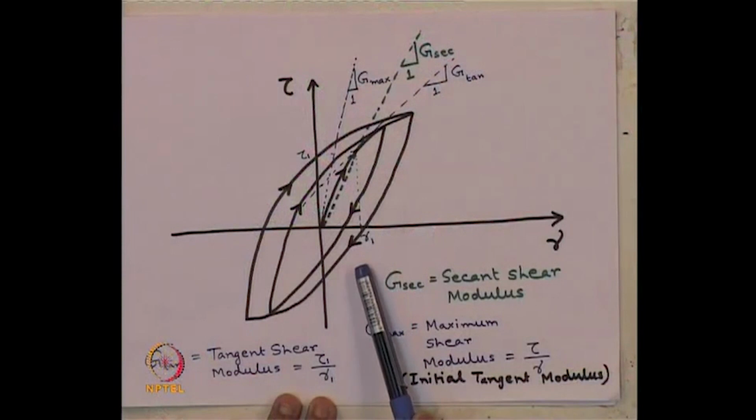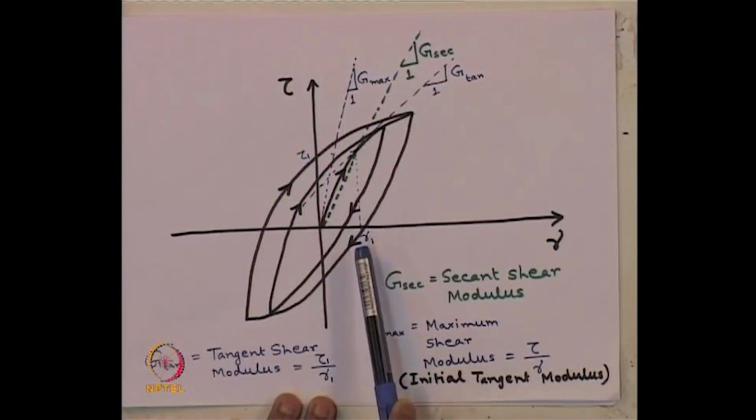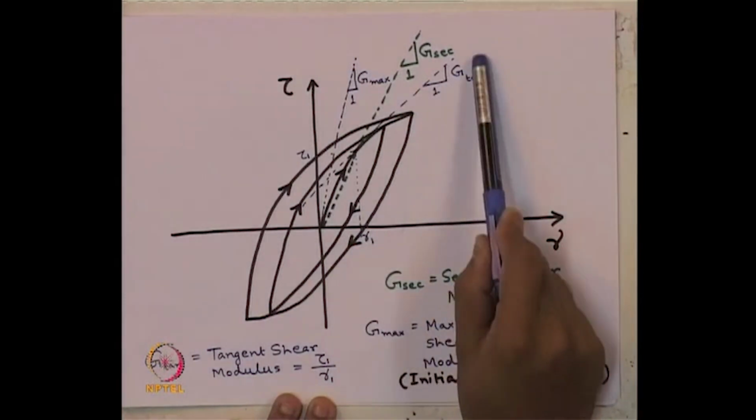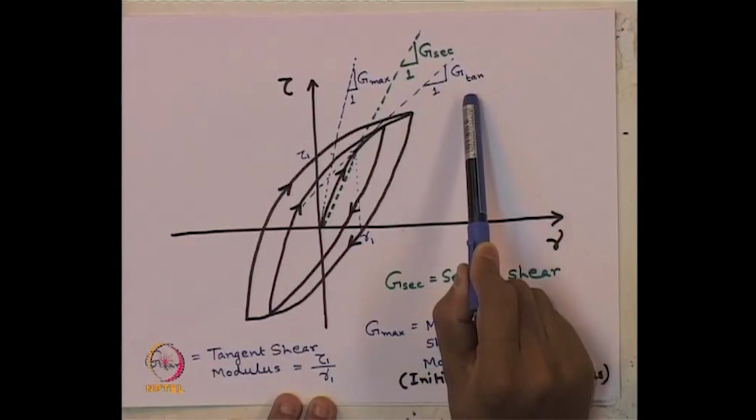So, when we compute G tan, remember that for a soil material, tangent shear modulus is not a constant value. It is fully dependent on the shear strain level at which you are measuring it. So, this value of shear strain must be specified, to mention that at this level we are talking about the shear modulus of the soil.